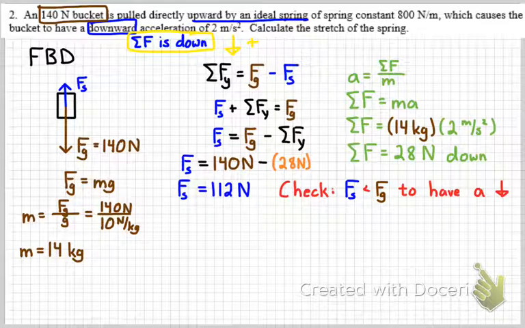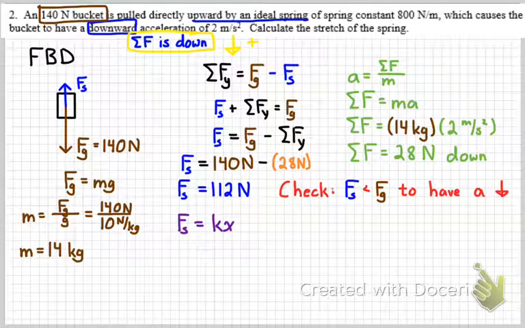That the spring force is smaller than the weight, which means we've probably done everything correctly. If I were to get a spring force that was larger than 140 newtons, then I've made a sign mistake somewhere, and that's probably something that I could really easily fix. So that's something that we could easily stop and check and make sure that our answer is reasonable before proceeding. That force should be smaller than the weight. It is. I'm probably on the right track so far.